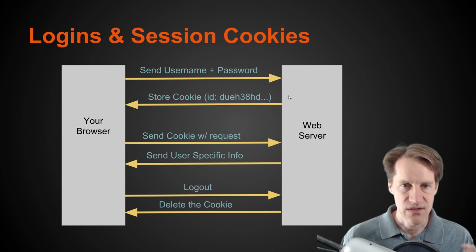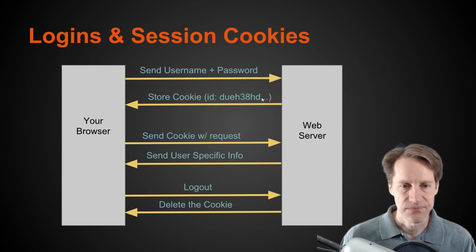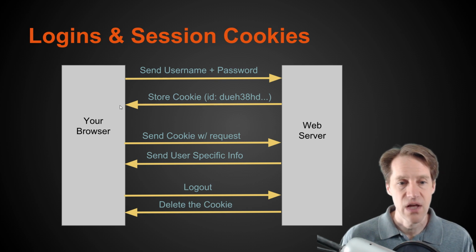If it says, okay, this username and password is good, it usually sets a random ID in a cookie, and it doesn't have to be called ID. It could be called key or secret or something. And it sends this unique identifier in a cookie back to the browser. Now in every subsequent request the browser makes to the web server, it sends this cookie along.